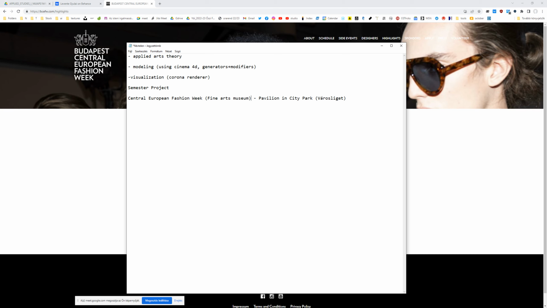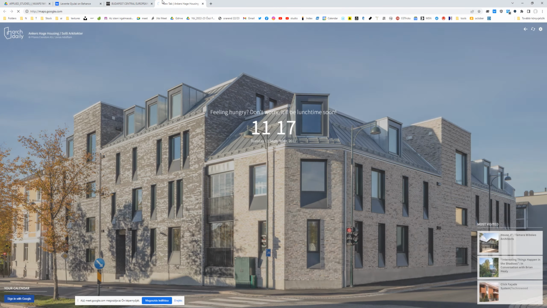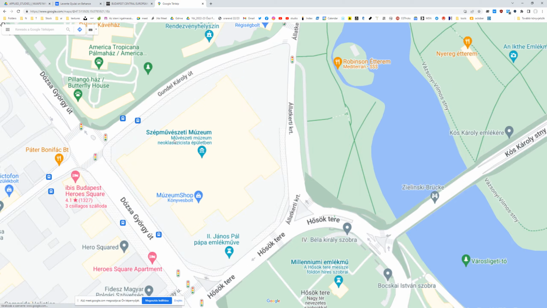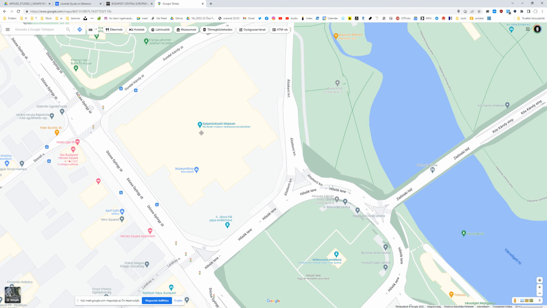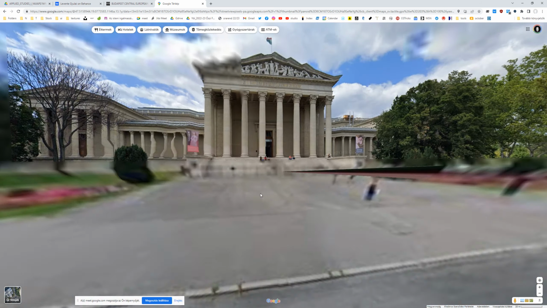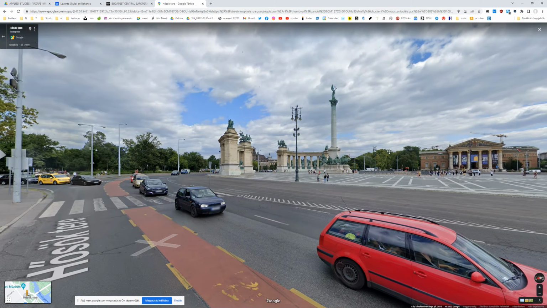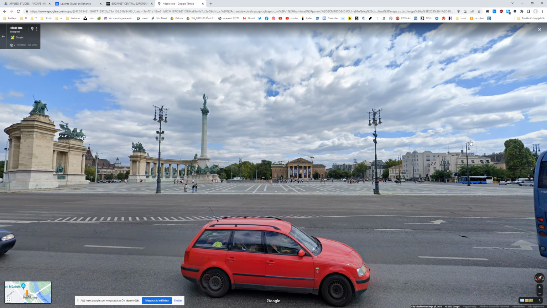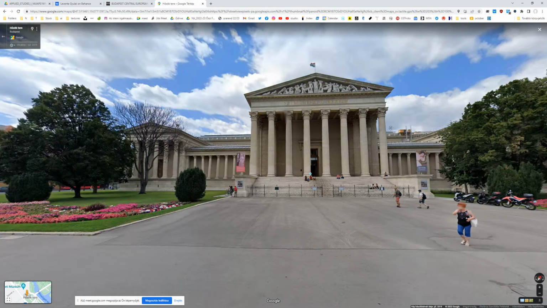Central European Fashion Week's main location is the Museum of Fine Arts, Budapest, which is located nearby the city park, Városliget. I'll show it on the map within a minute. So there is the Museum of Fine Arts, okay? There is the Central European Fashion Week. You must go here. It's just wonderful. This is one of the most famous spaces of Hungary.